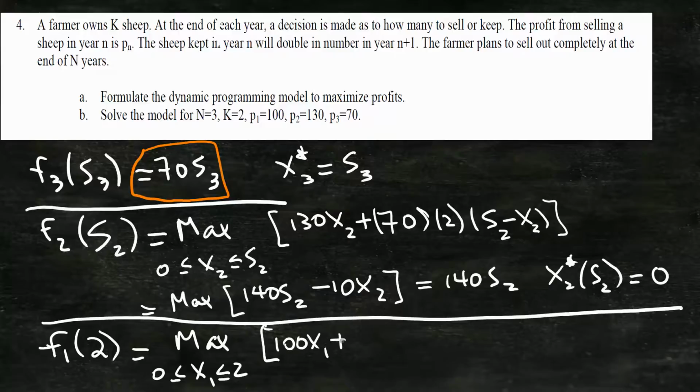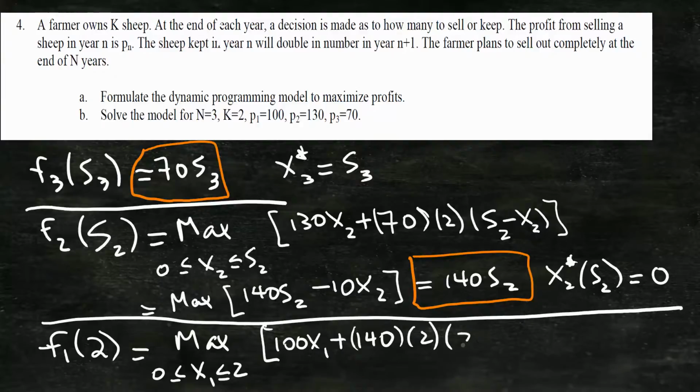And then you will make this expression for the next stage, so it'll be 140. Well, the question is what is S2? S2 will again be twice 2 minus however many you sold in the first stage. So that's what you have left over for S2.